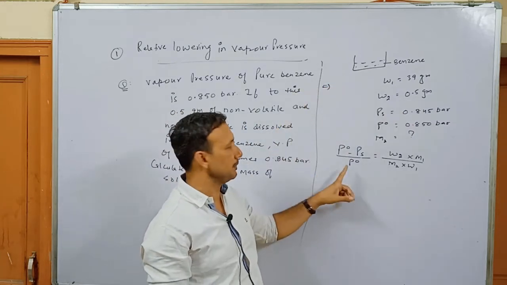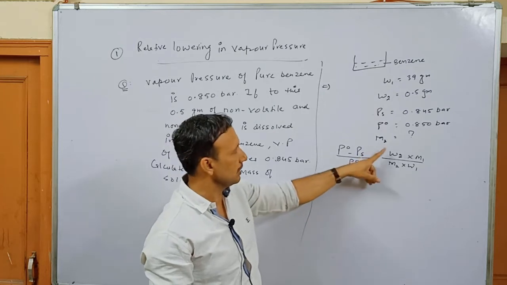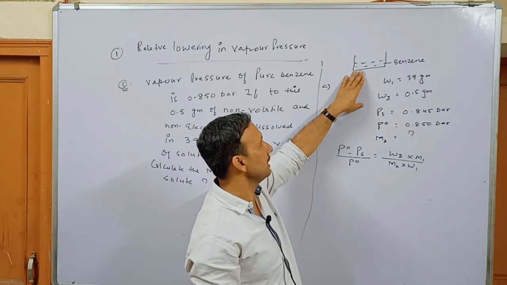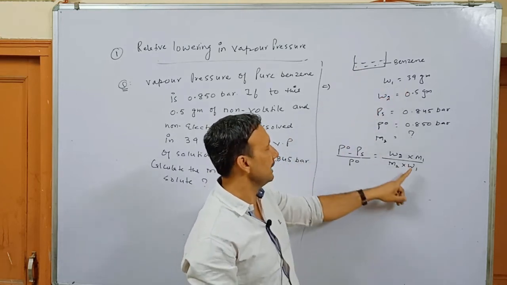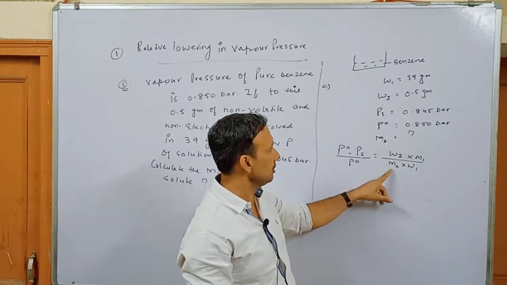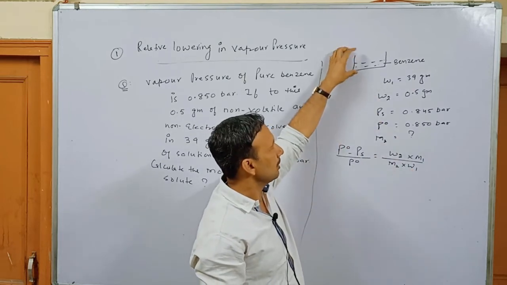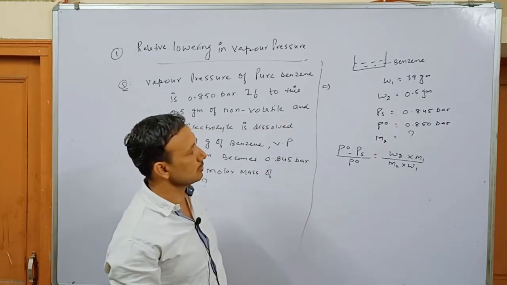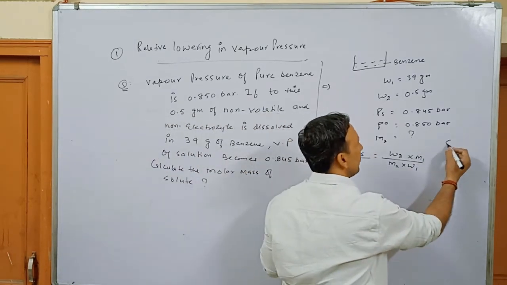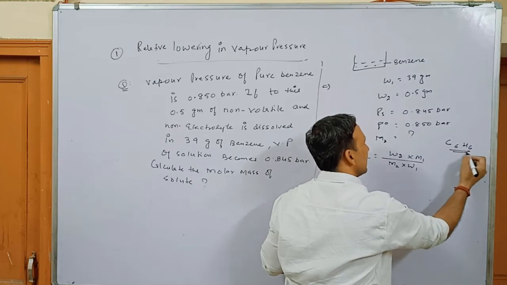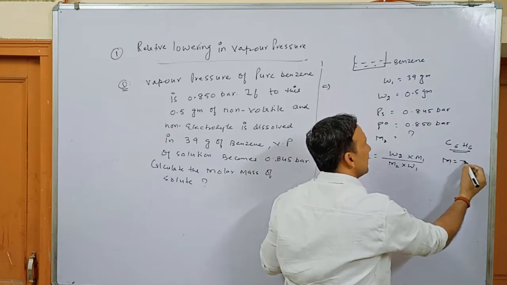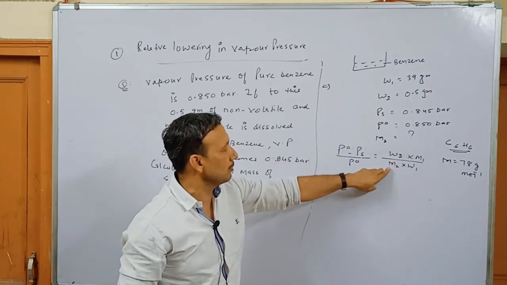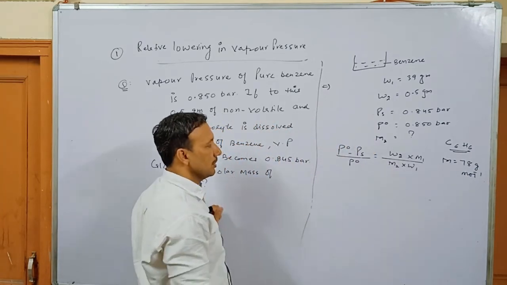W2 is the mass of solid solute which is dissolved in 39 gram of benzene, and M2 is the molar mass of solute. W1 is the mass of this pure solvent, and M1 is the molar mass of benzene. And the formula of benzene is C6H6 and the molar mass of benzene is 78 gram per mole. So our target is to calculate the molar mass of solid solute.